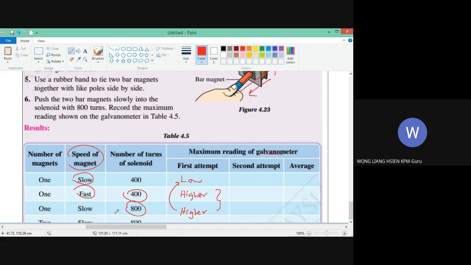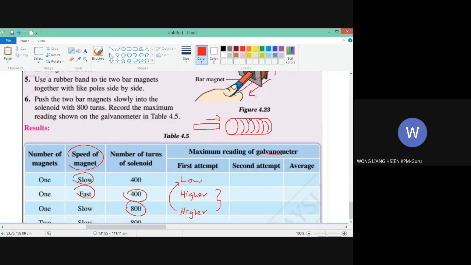The logic is very simple. You see, the solenoid consists of coils, many turns, right? If you push the magnet in, every single coil will cut through the magnetic flux.